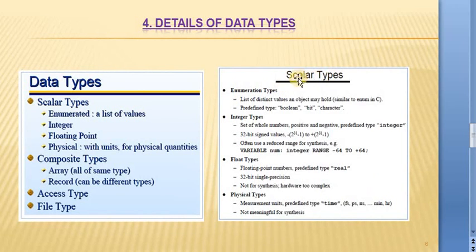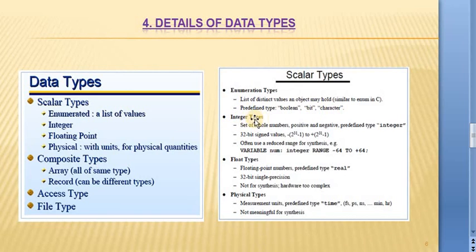the scalar has 4 types, that is enumerated, integer, real, and physical. So the enumerated type is that in which the list of distinct values are there for an object. It means it is a predefined type like boolean, bit, and character.